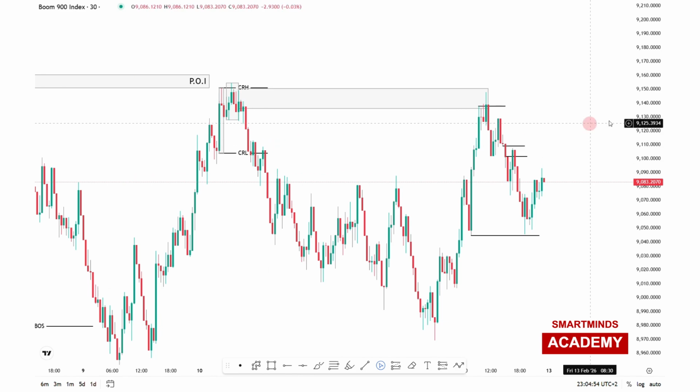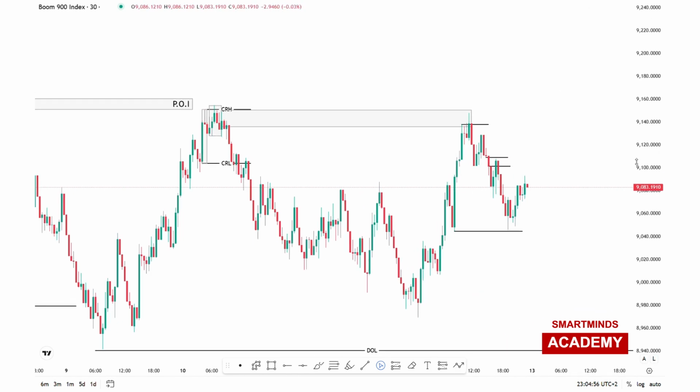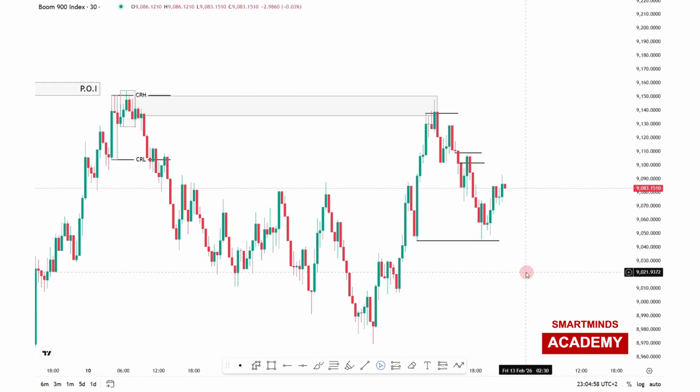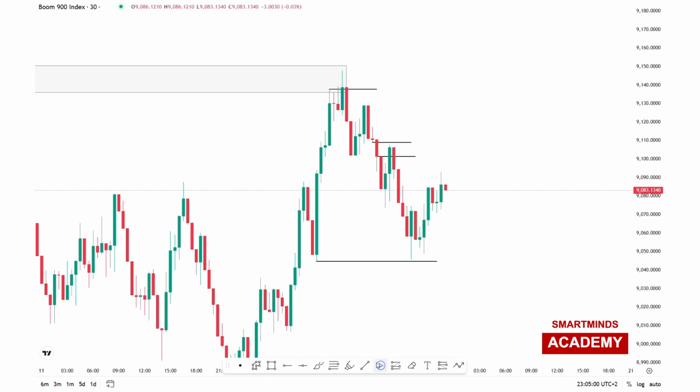That is why I shared that sell setup. This is me just trying to break down CRT. We still have a break of structure here. We use the fair value gap above that break. Price has now broken structure, and that is where we are selling, on the fair value gap.